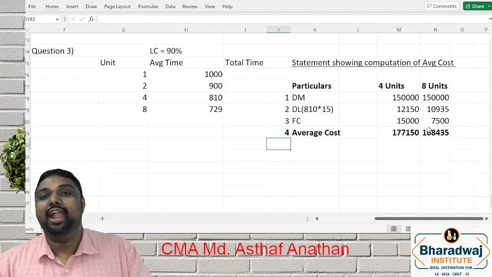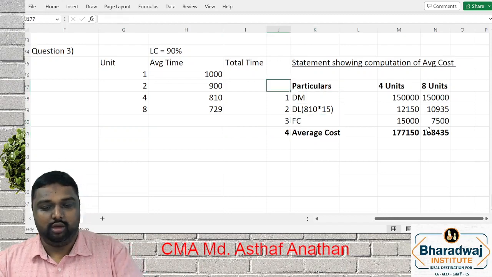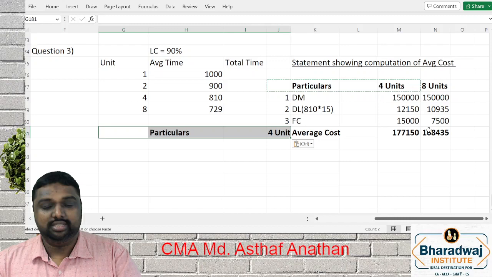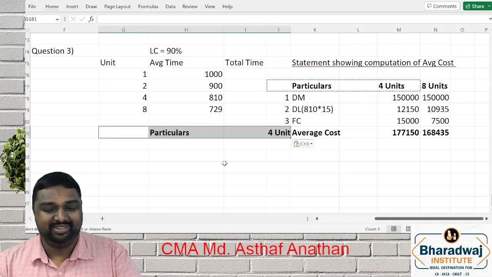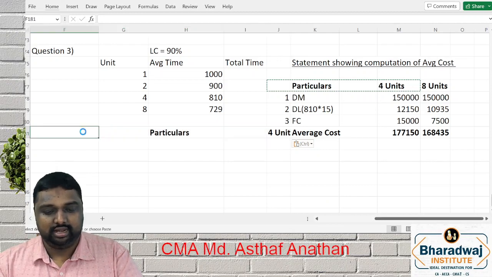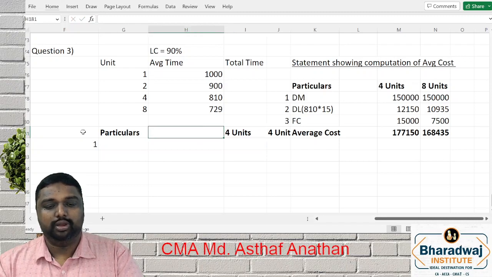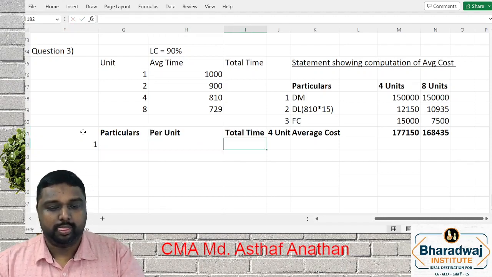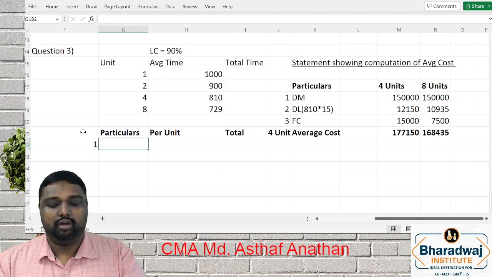This you can do a different way also. Let me tell you another method of finding this. This is one shortcut method I have discussed. You can do another method also. That is one column for per unit, one column for total.